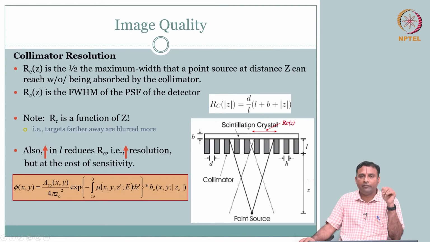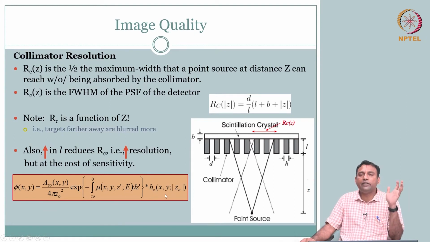All this is fine, we understand. The linear systems theory we did, you had the imaging equation. Now you convolve that with the point spread function of your collimator. HC is the system response of the collimator, C is collimator, and it is x comma y.